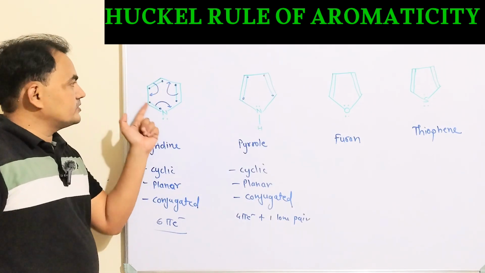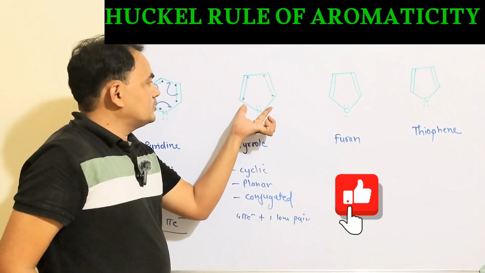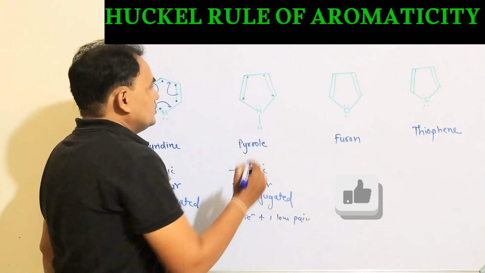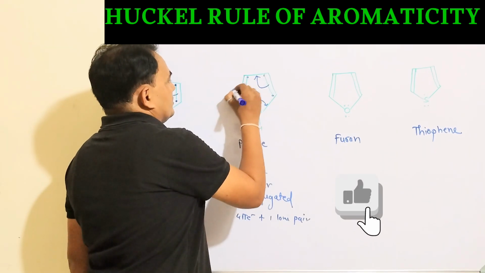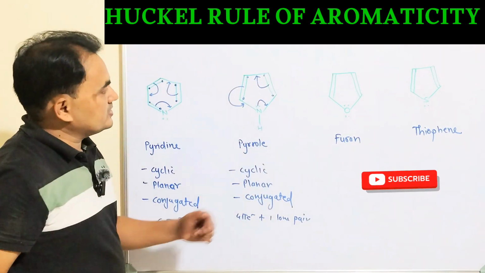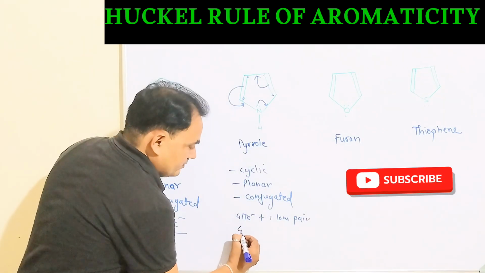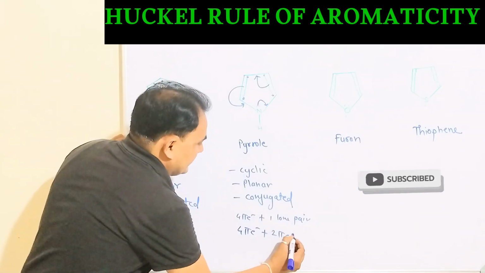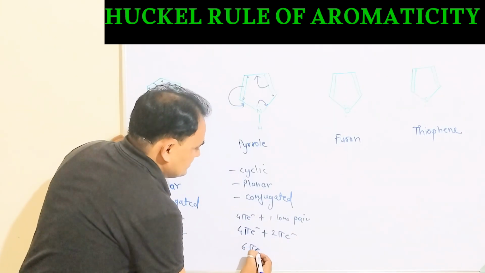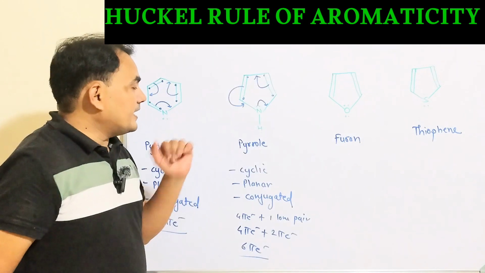But here there is a need of the lone pair for conjugation because two single bonds are there. That's why this lone pair is used in the conjugation, so this is a conjugated system. 4 pi electrons plus one lone pair means 2 more pi electrons. So this molecule also consists of 6 pi electrons. That's why it is aromatic.